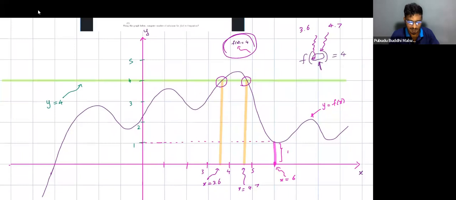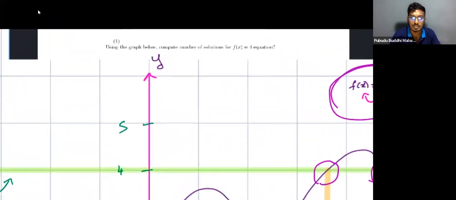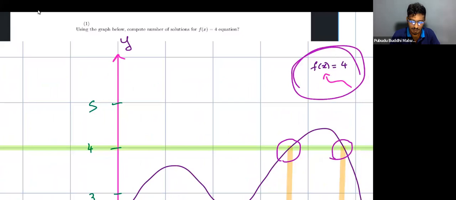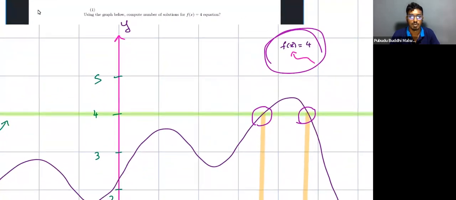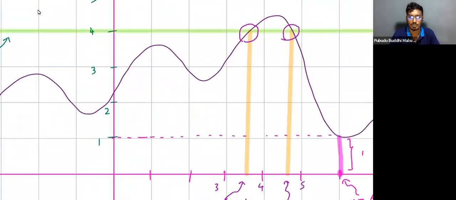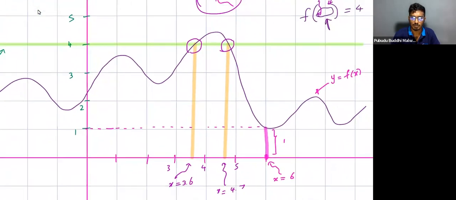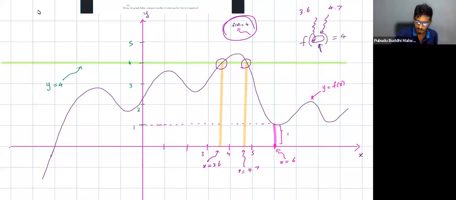We have 2 solutions for this equation. The question just asked to compute the number of solutions, hence 2 solutions. Sometimes someone asks, what are the solutions? These 2 values. But in this case, the number of solutions is 2.